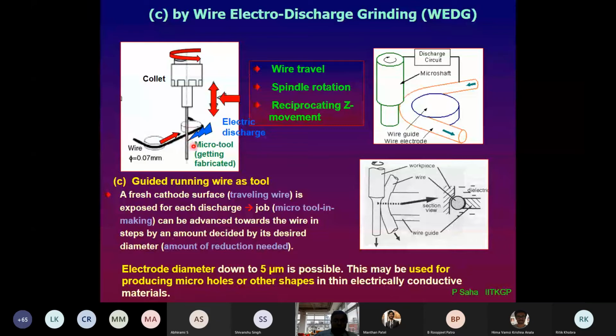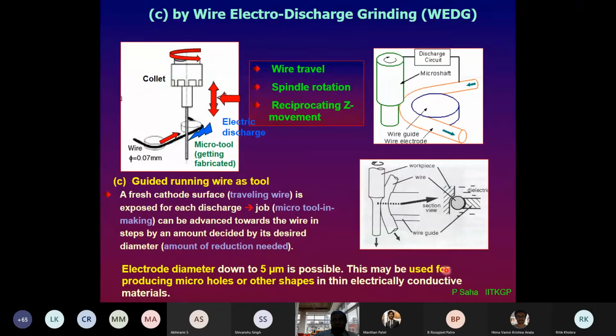Okay, so for this lateral movement, after some time when you are sure some portion of the wire has worn, you move the micro shaft further towards the wire. Through this method, as you advance in steps, gradually the diameter of this micro shaft will go down, and a diameter down to, say, 5 micron is possible. 5 micron, you can imagine, is about one-tenth the diameter of a human hair.